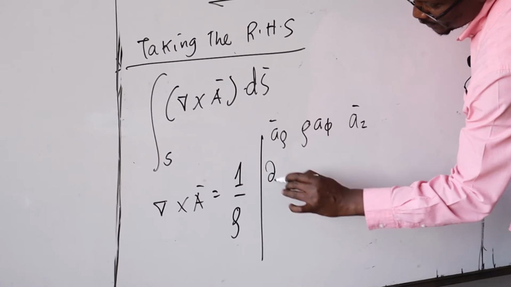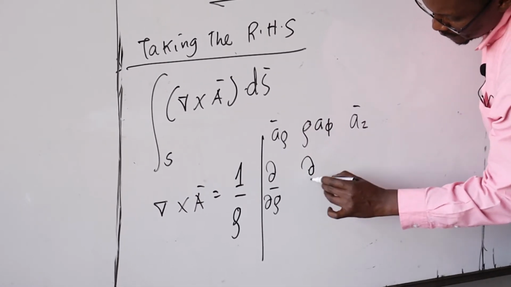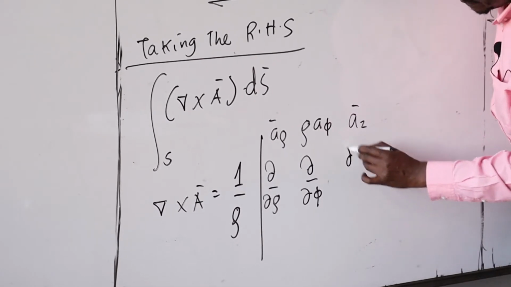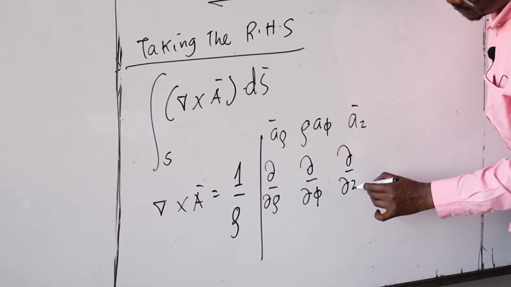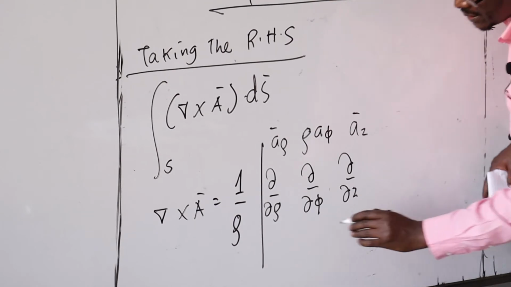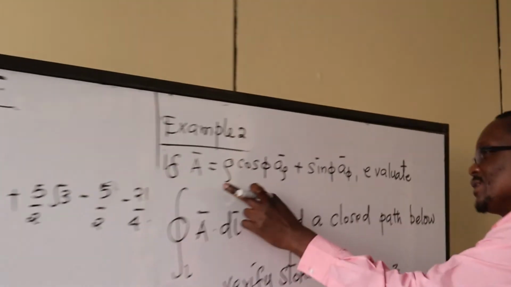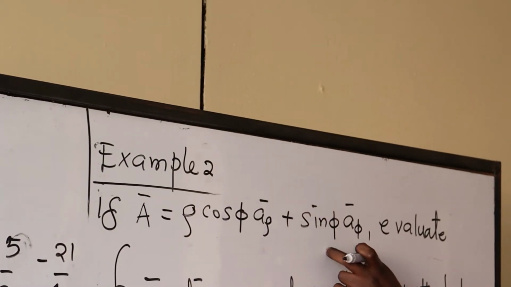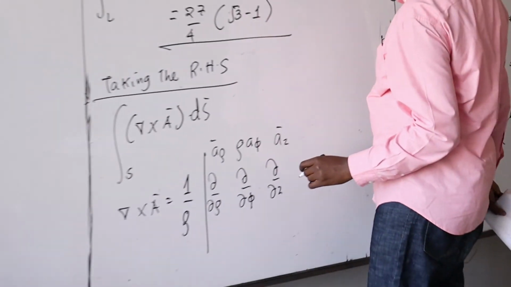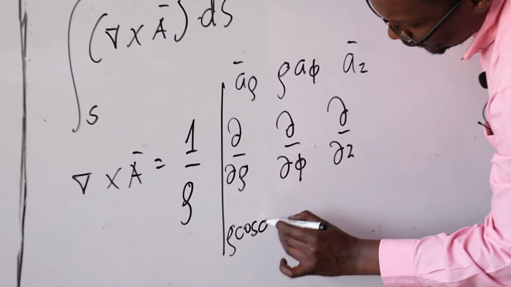Then we have partial rho, partial phi, and partial z. So then we have these values here. This is the first one in the direction of rho. We have this for A rho, this for A phi. So this will be rho cosine of phi.